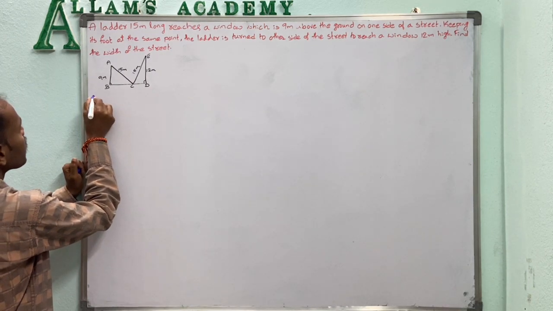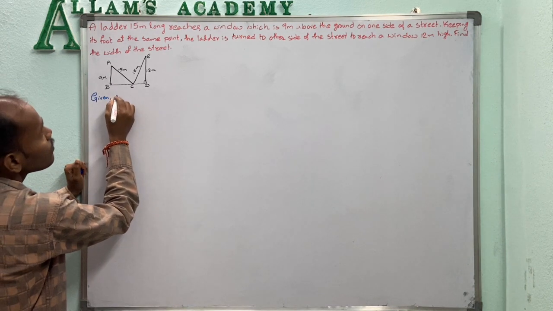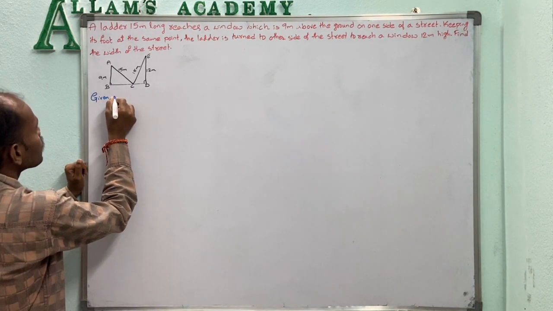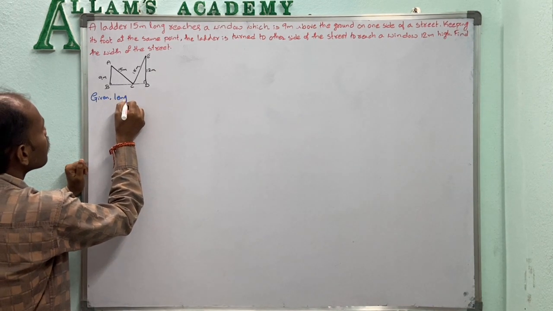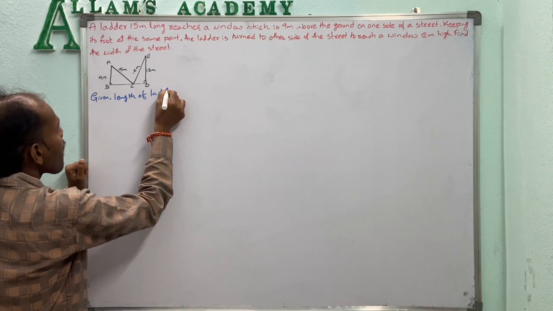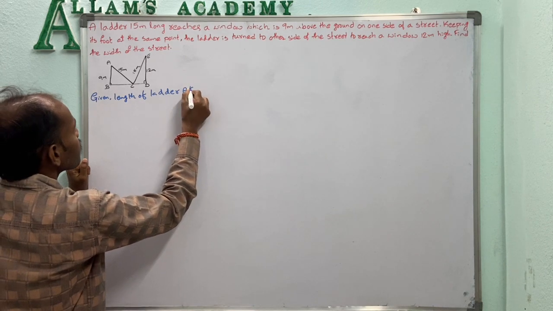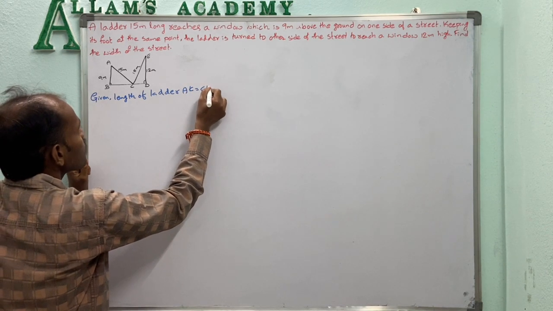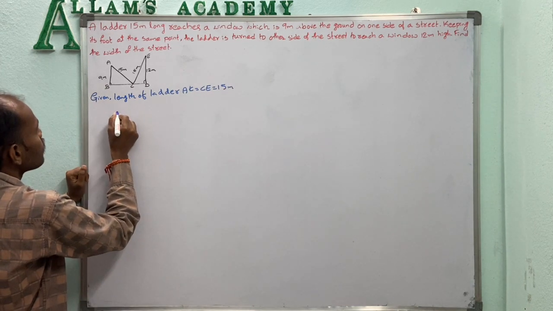Given: the length of the ladder AC equals CE equals 15 meters.